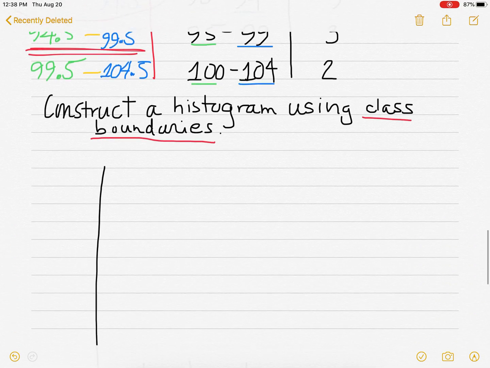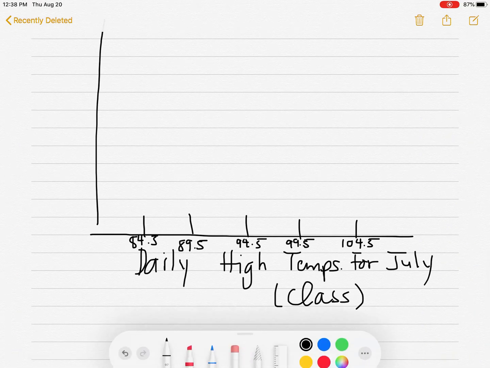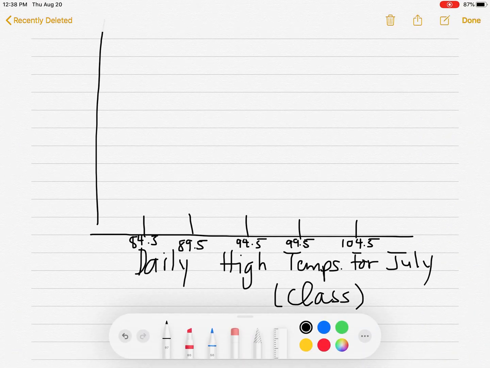So there are 17 days, so we got to go up to 17 here. So I'm going to count by twos. I'm going to start with 0. This will be 2, 4, 6. So I'm scaling by twos. 8, 10, 12, 14, 16, 18.